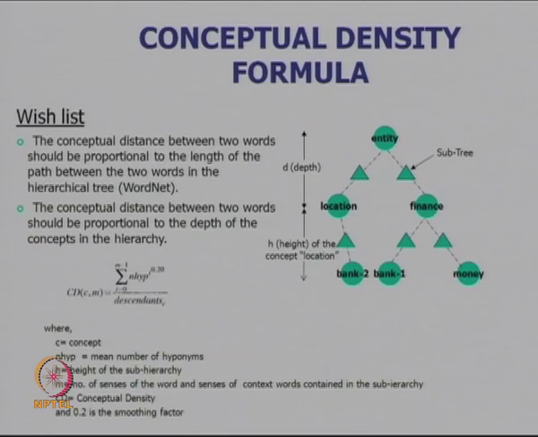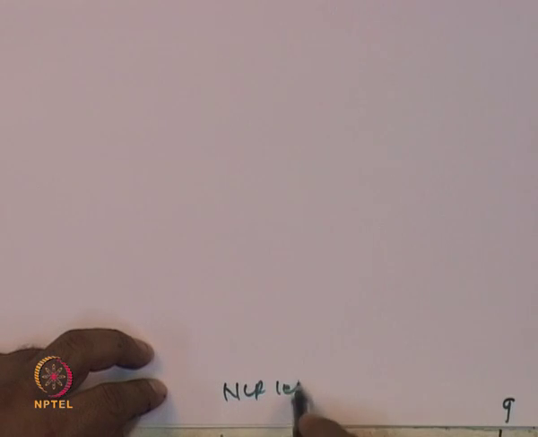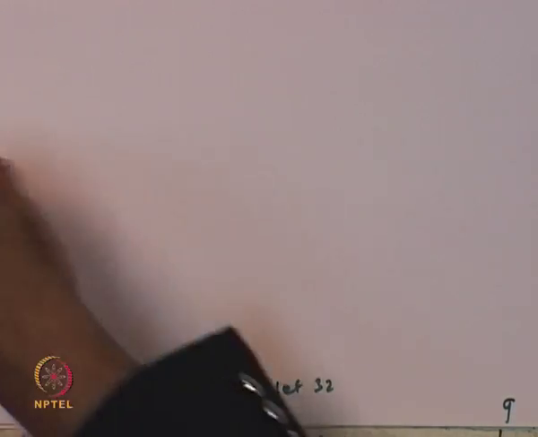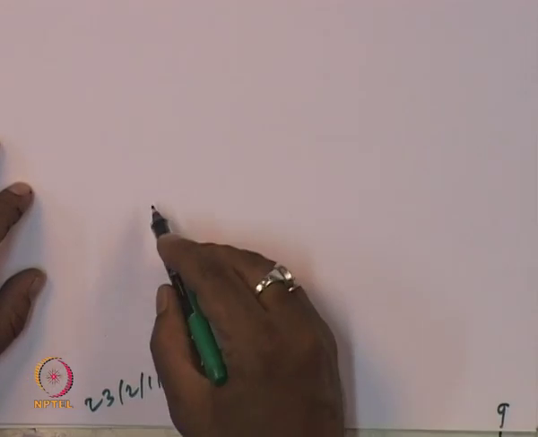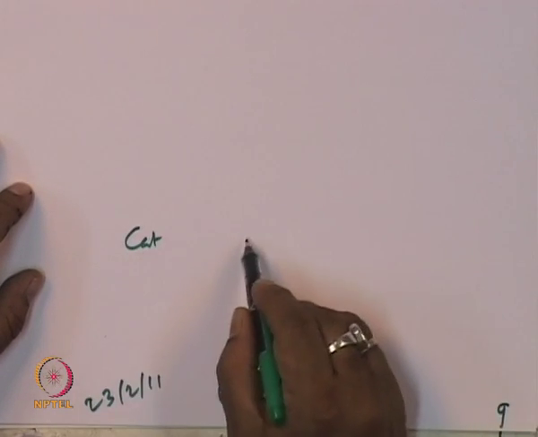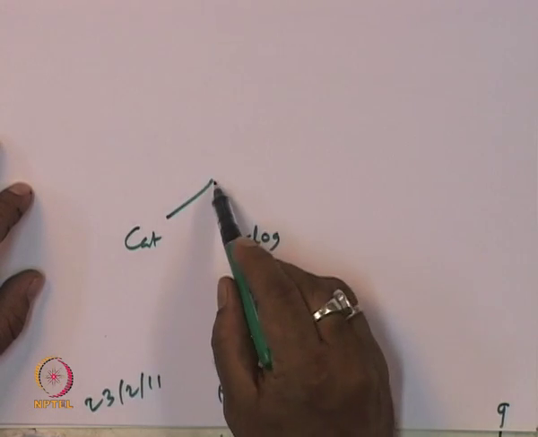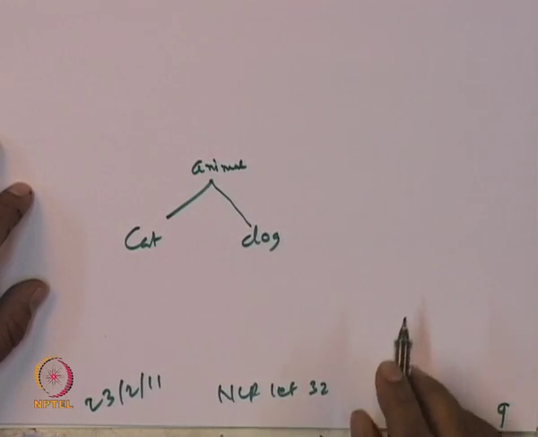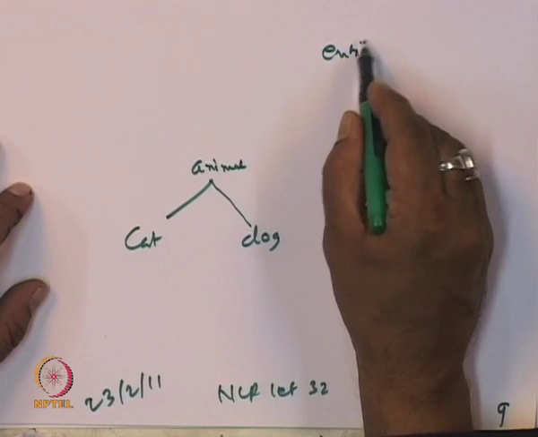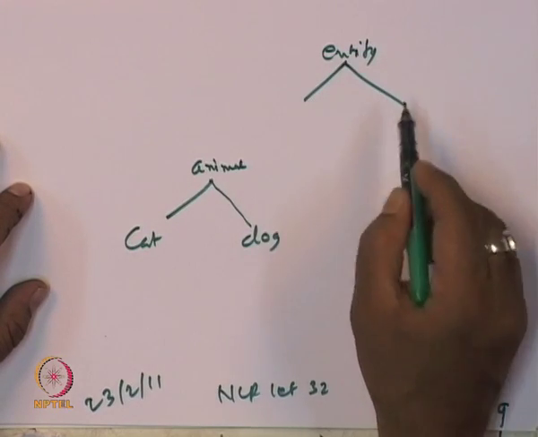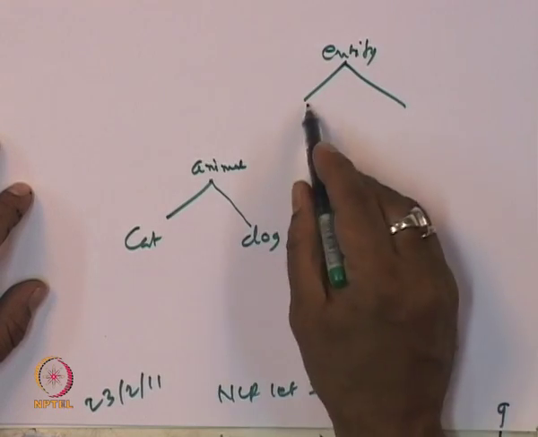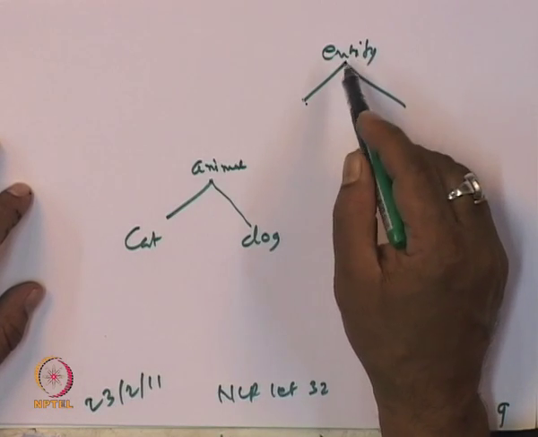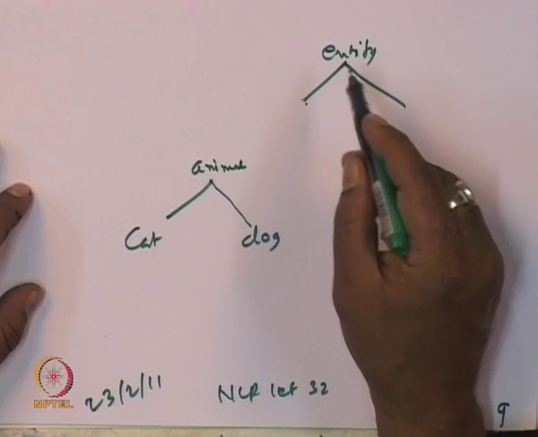And so, one can see here, suppose I take the word cat and dog, whose parents are animal, suppose, and we also take two entities which are very general, and that they are also immediate children of a very high level concept called entity, okay, which stands for everything.